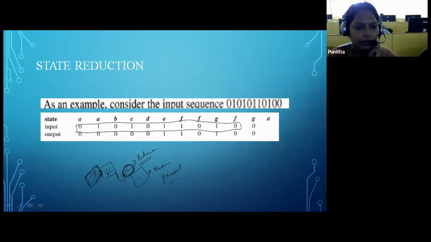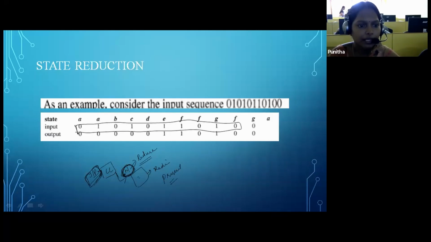I'm going to handle the next state of the flip flop. I have taken the inputs, the processing of inputs, before reducing the number of states.